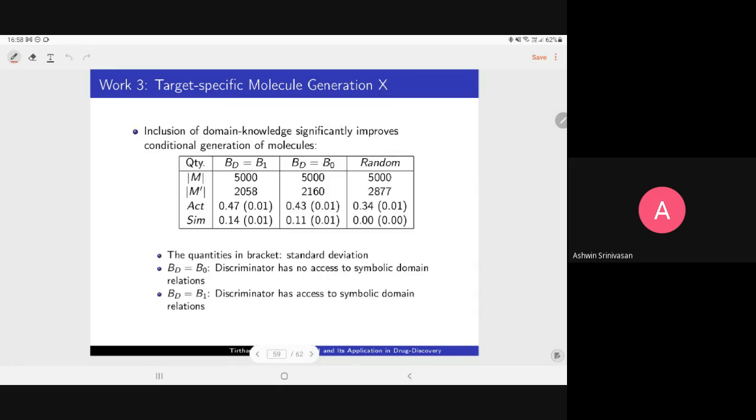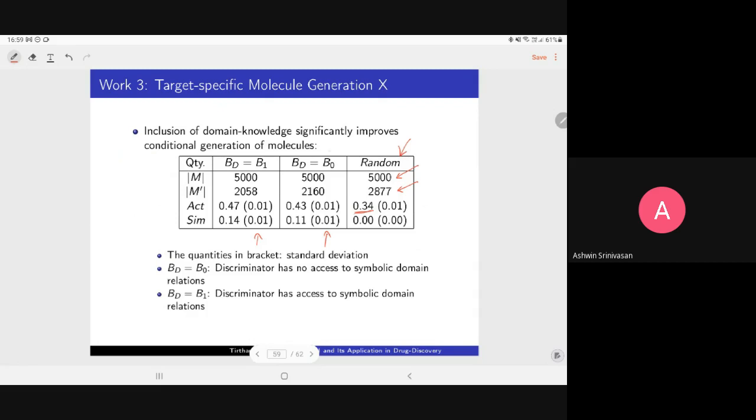So these are the results. Do not look at columns 2 and 3 for the moment, just look at the last one. If we do not have any access to domain knowledge and we sample randomly 5,000 molecules, we get 2877 which satisfy the BG constraint, the molecular property constraint. However, the activities are found to be very bad, only 34% are found to be active.